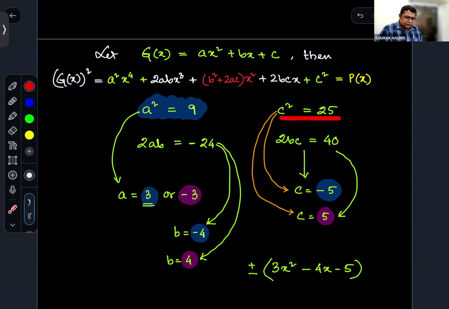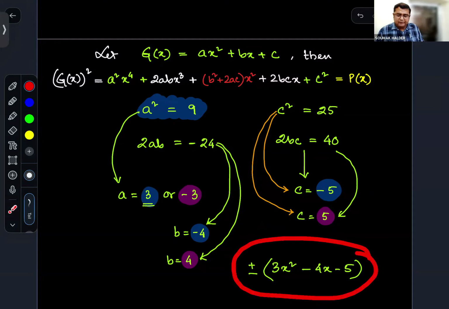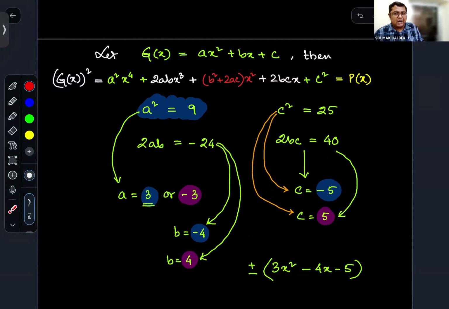Again, c square 25, but 2bc 40, so that says b and c are of the same sign, so b minus 4 is connected to c minus 5, and b plus 4 is connected to c plus 5. So overall, you have got the coefficients in the ratio 3 : -4 : -5. So it's going to be plus or minus of 3x square minus 4x minus 5.